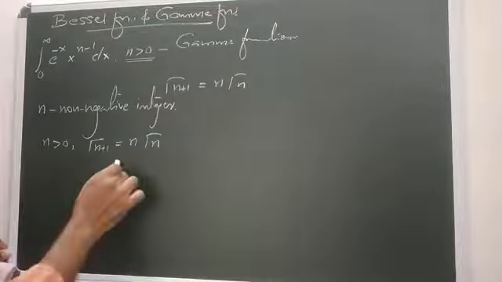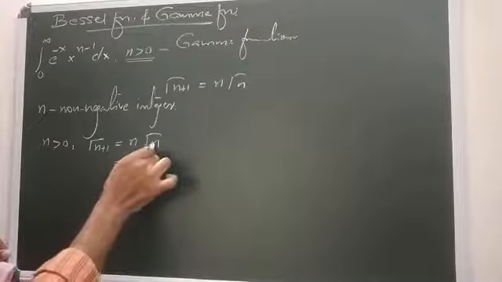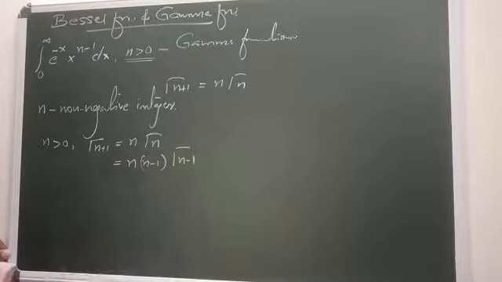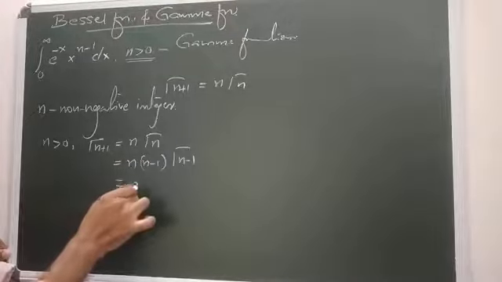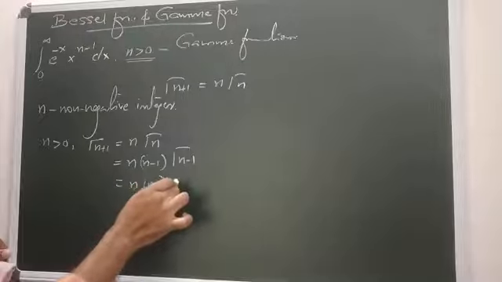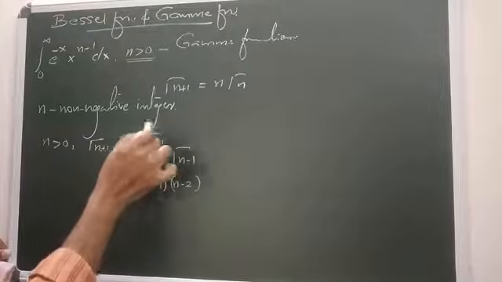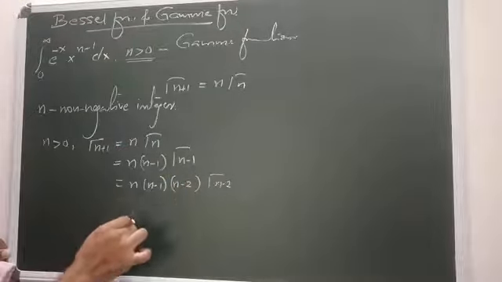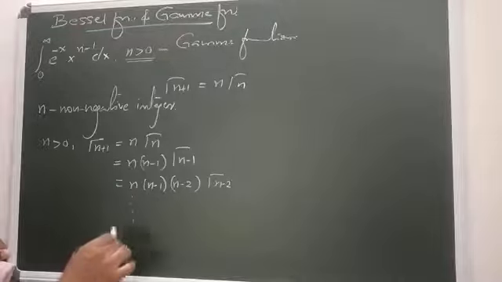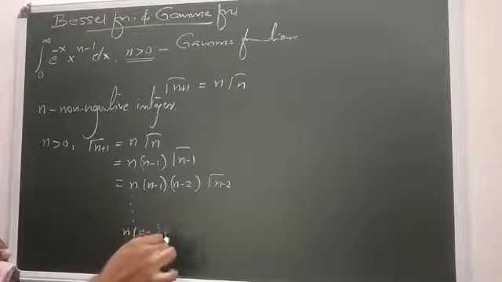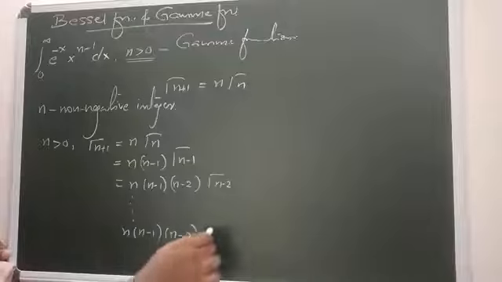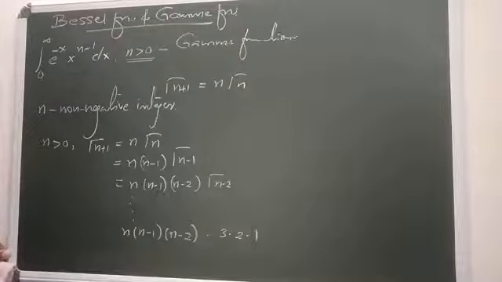Gamma n is again rewritten as n minus 1 into gamma n minus 1, which is again rewritten as n minus 2 into gamma n minus 2. Proceeding continuously, finally we have n into n minus 1 into n minus 2 and so on, into 3 into 2 into 1.